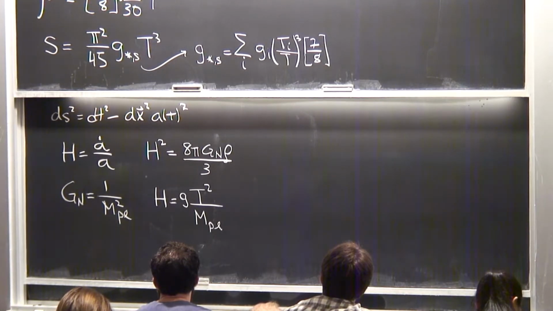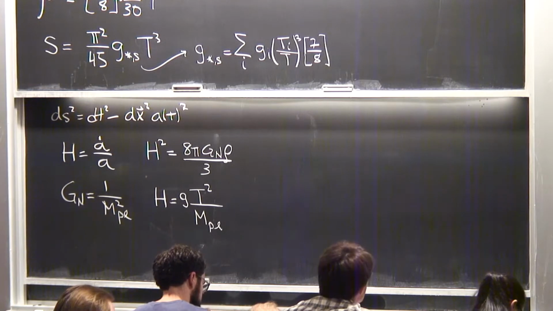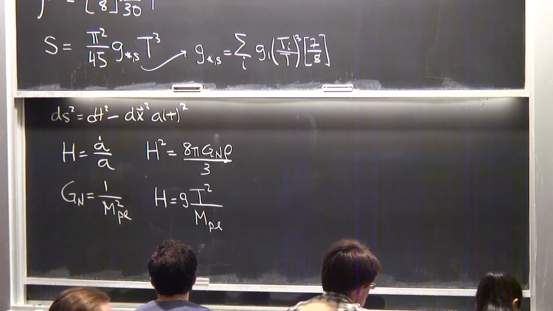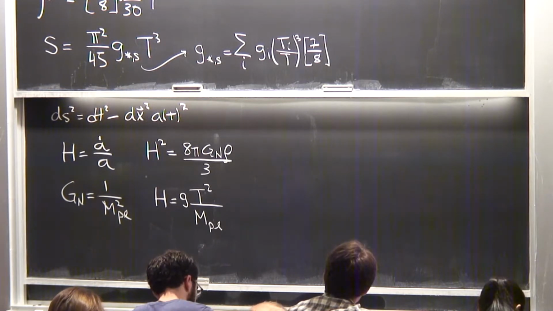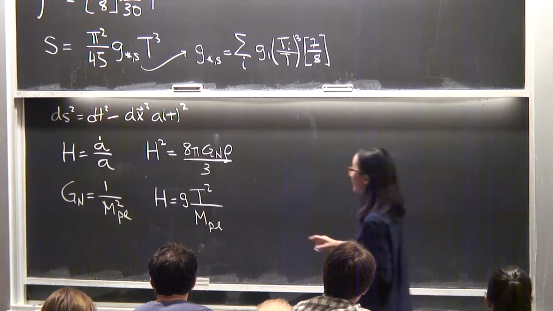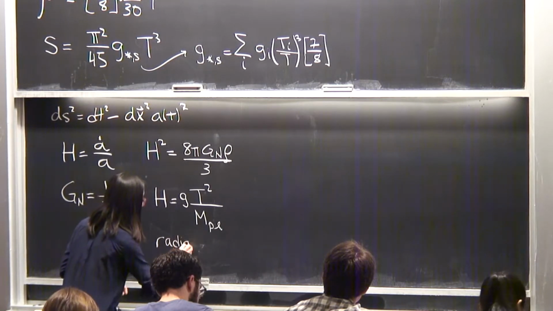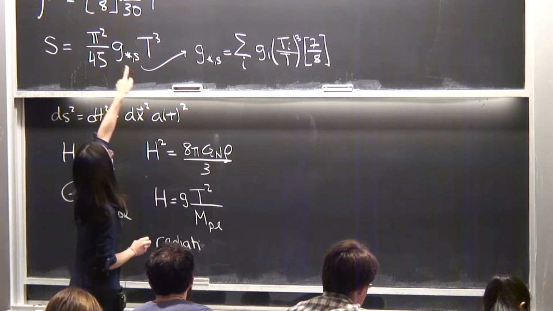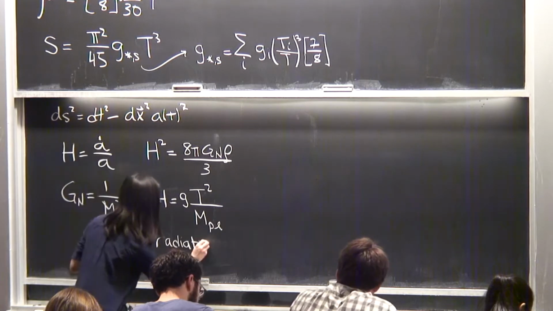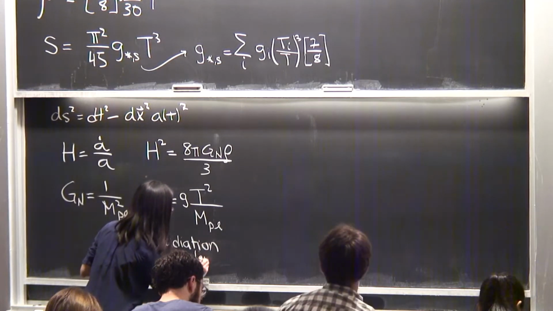Like I said last time, our horizon size, our expansion rate, is the most important quantity we need to keep track of. Where does that definition of H come from? It's only in the radiation-dominated era, so I'll write that down to be clear, when rho can be replaced by T to the fourth.